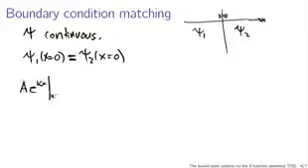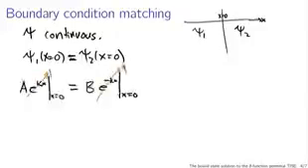If I'm evaluating that at x equals 0, I have to get something that's equal to b times e to the minus kx evaluated at x equals 0. Now when I evaluate the exponential parts here at x equals 0, I'm substituting in 0 in the exponent. Anything to the 0 is 1. So both of these terms become 1, and I'm just left with a equals b. That helps a lot, but it doesn't tell us everything.